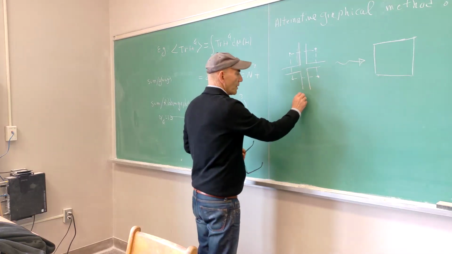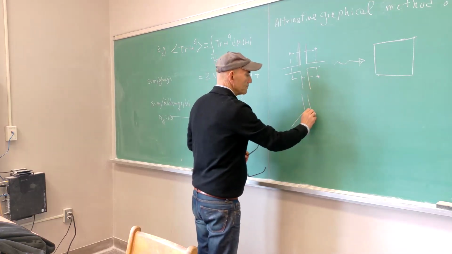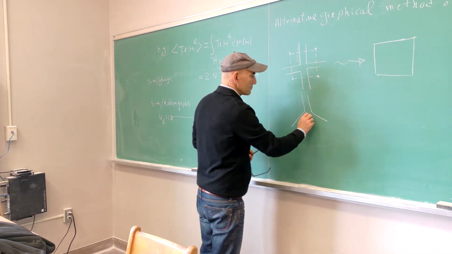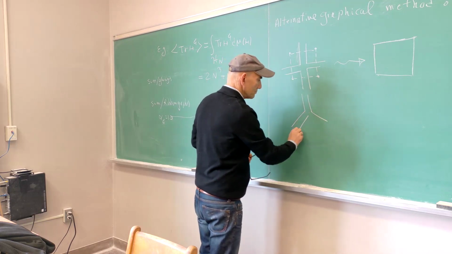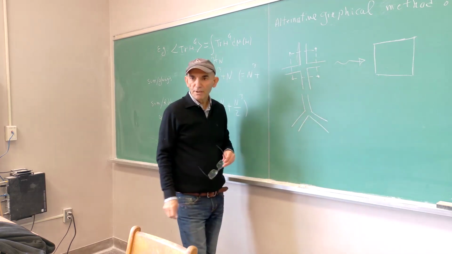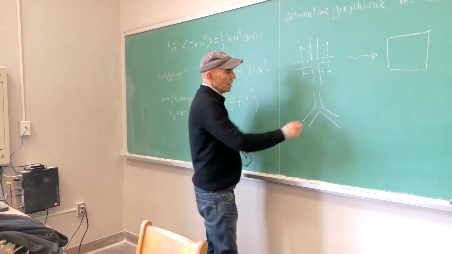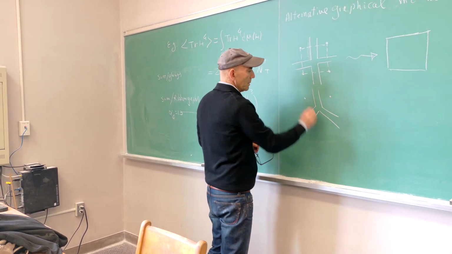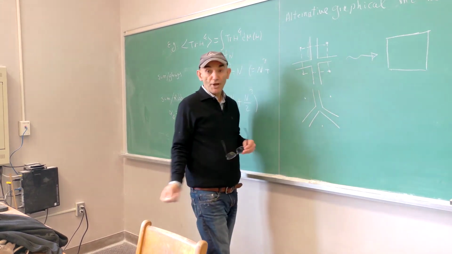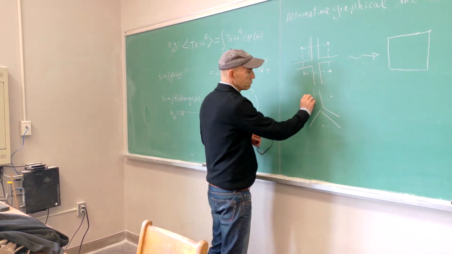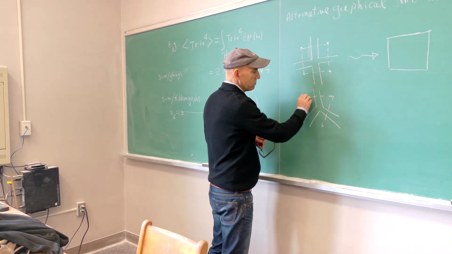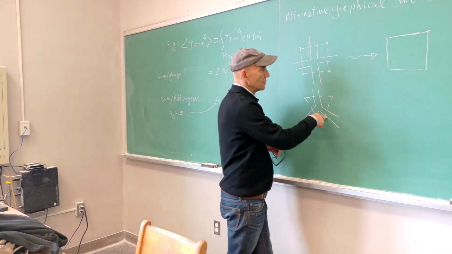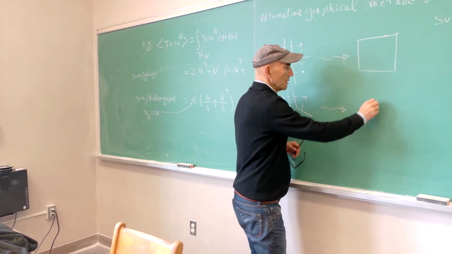Or you can have a trivalent vertex. You can, again, do the same. You get a triangle. So the dual is going to be the triangle.